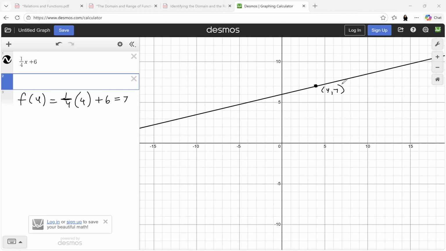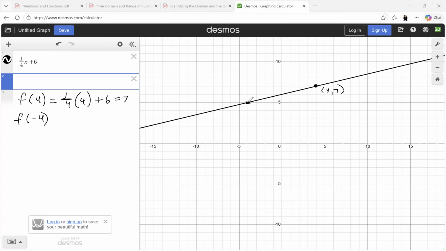What about f of -4, Genesis? What is f of -4 from the graph? You can see that point where x is -4. It's 5. Perfect.